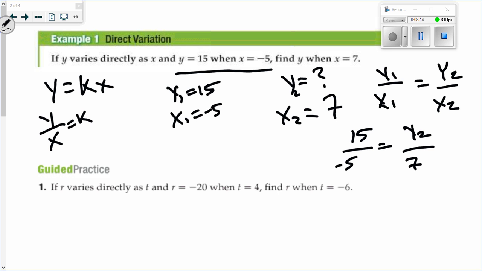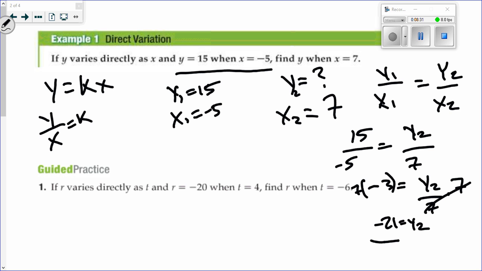Solve this equation. 15 over negative 5 simplifies nicely. We could also cross multiply and divide, but no need on this one. Multiply both sides by 7, and we get that negative 21 is equal to y2. We found y when x was equal to 7.